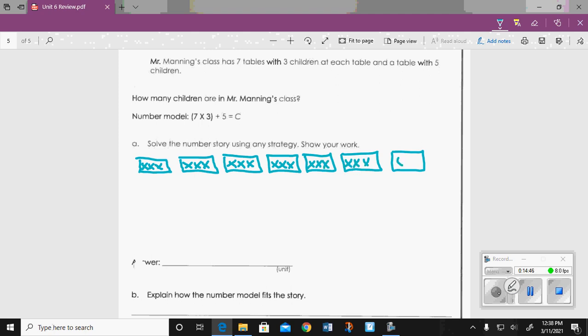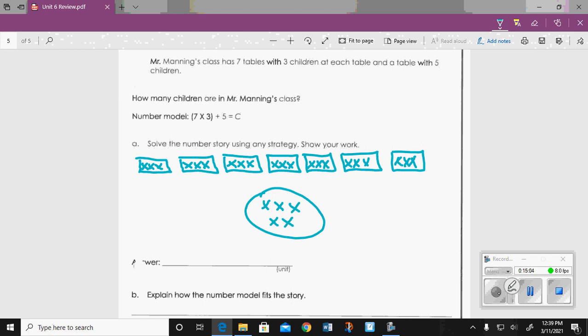Each one of these X's then represents the children at the table, okay? And then I have a table with 5. So let's make that a round table and let's put 5 in it, because this is the one table that I have extra.